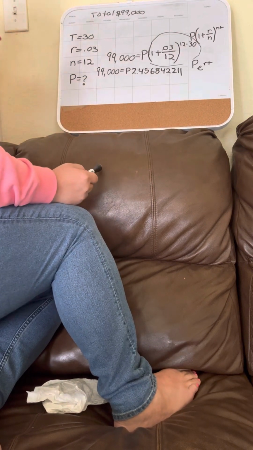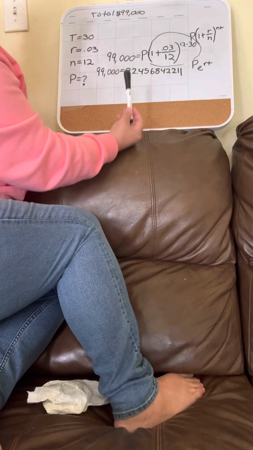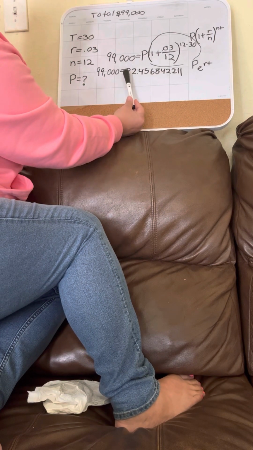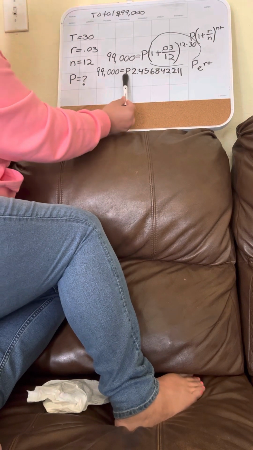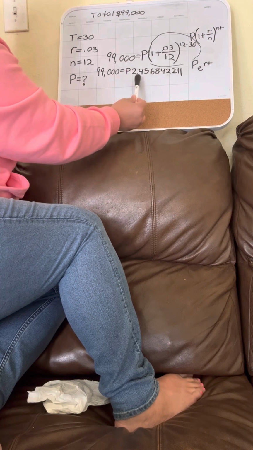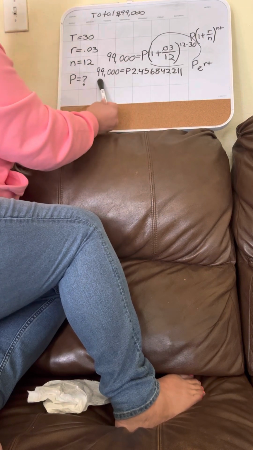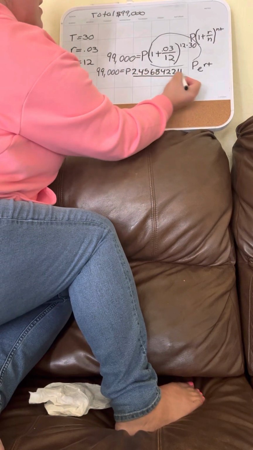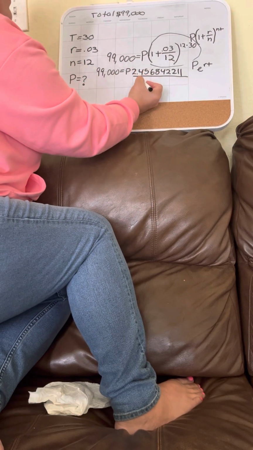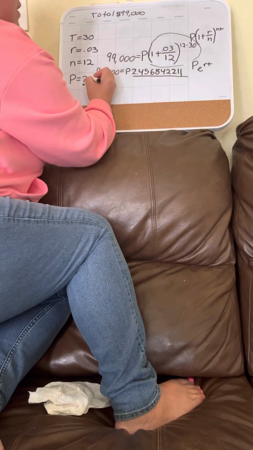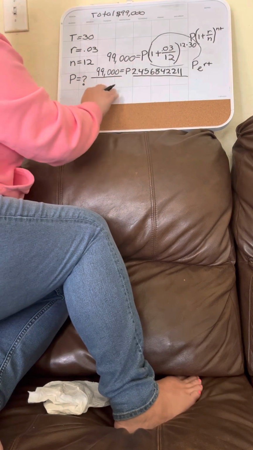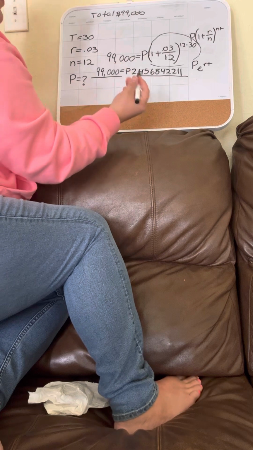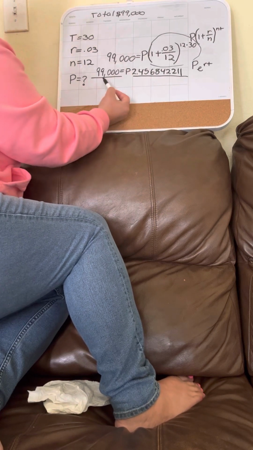Professor Mahan always tells us that when we have a variable we're solving for, P, we want to know what P equals, so we have to move everything else to the other side. How are we going to do that? We're going to divide by it, and we're going to divide both sides by it, because what we do to one side, we have to do to the other.